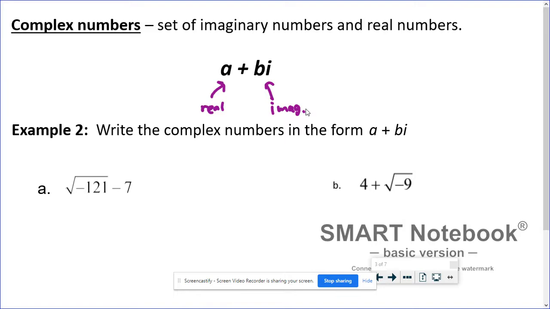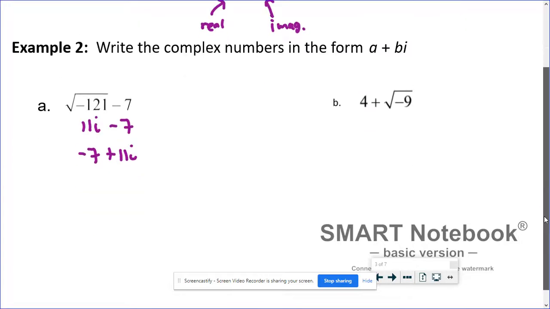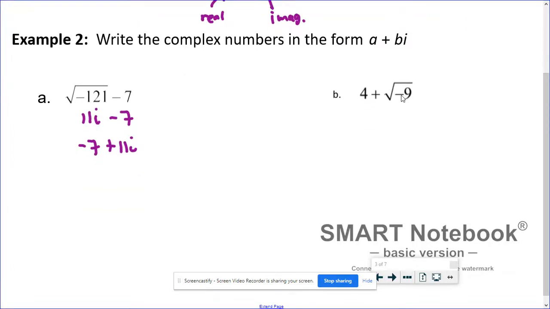So the real number comes first, the imaginary number comes second. Here, square root of -121 is 11i. How would I put this in simplified form? The -7 needs to come first. So the real number comes first. Since that's positive, it would be plus 11i. Same thing here. Square root of -9 is 3i. The 4 comes first. So you got 4 plus 3i.